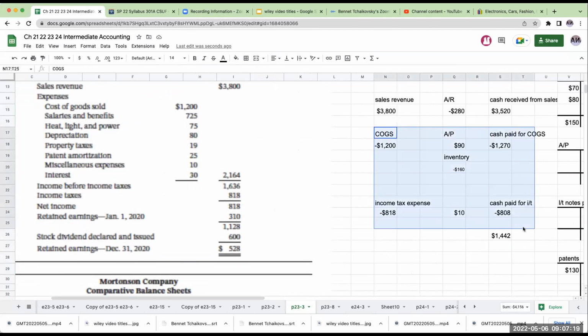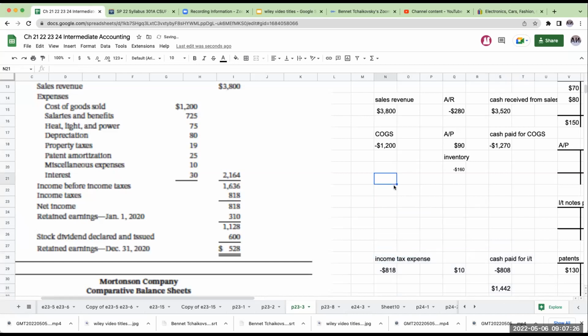This is usually just reconciling the main accounts, but what I didn't do is account for other items like cash paid for salaries and benefits, cash paid for heat, light, and power, and cash paid for property taxes.